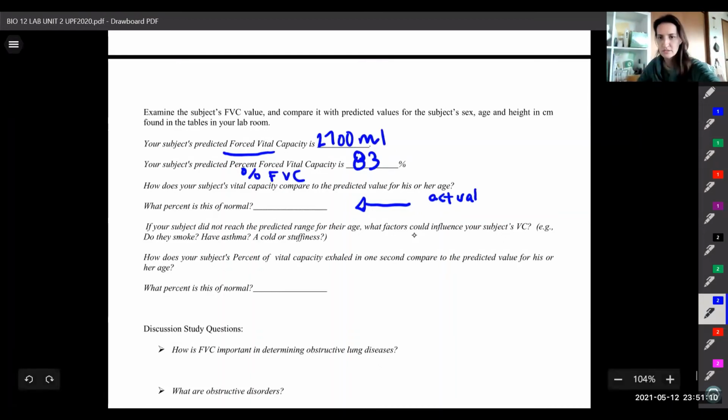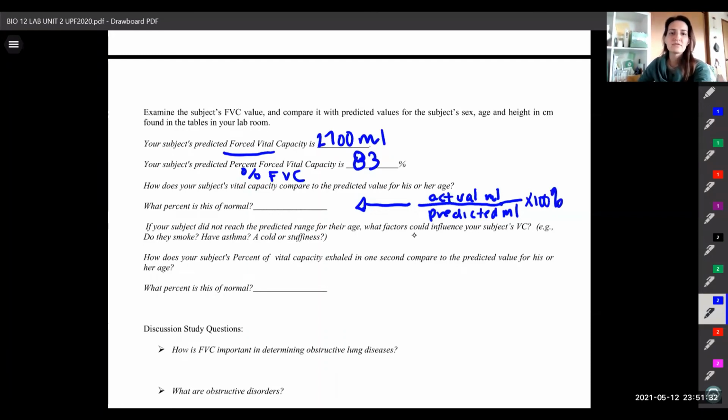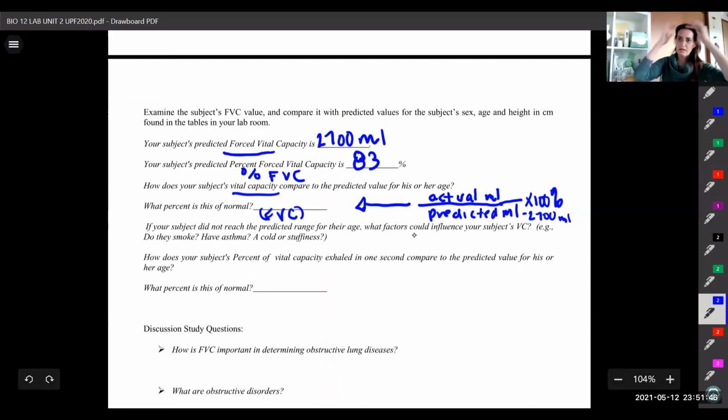So milliliters here, for instance, and you divide it by that predicted milliliters. Multiply it by 100 so you get a percentage. Right? And this is for the forced vital capacity. So you have the 2,700 down here. And whatever you calculate when you do the measurement for that bottom diagram goes on top.